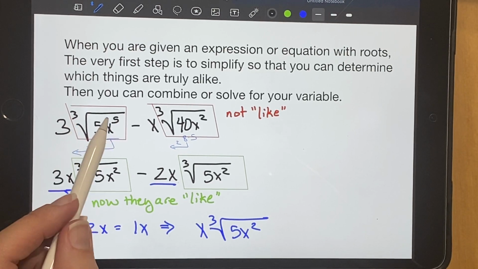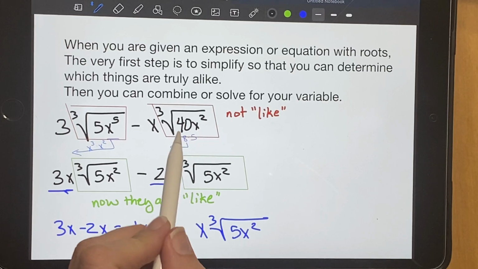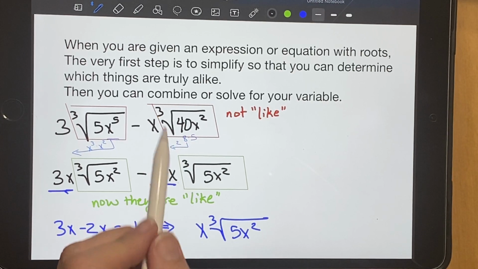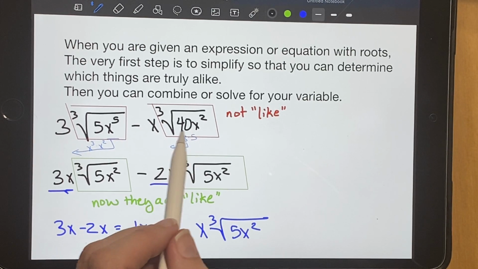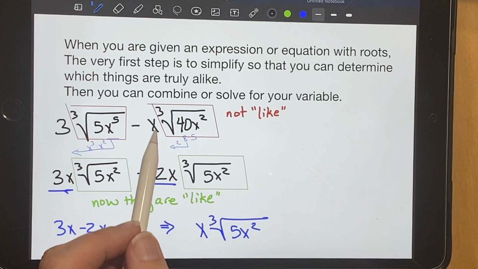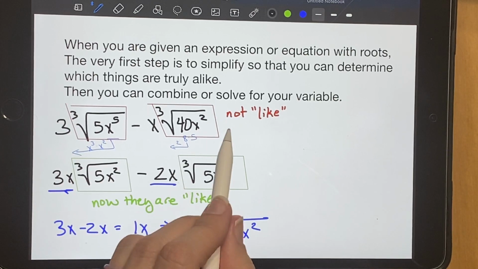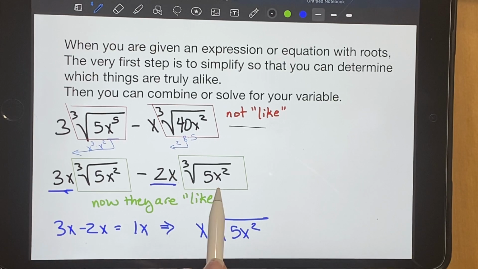Well, I have more than 3, so I went ahead and took out an x and left the extra 2 in there. In this case, I've got 40, which is 8 times 5, and 8 is a perfect cube, so that one's fun. So it comes out as a 2, and then I leave my x squared underneath it. And so again, we were able to take our roots here that initially were not like, and once they are simplified, now they are like.